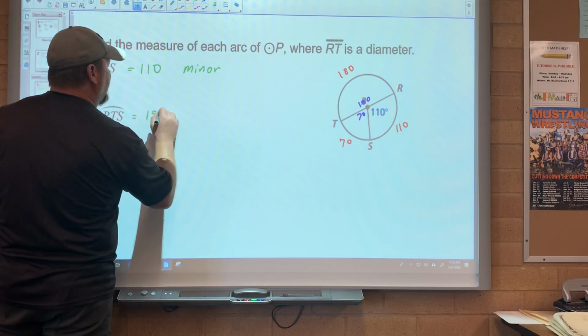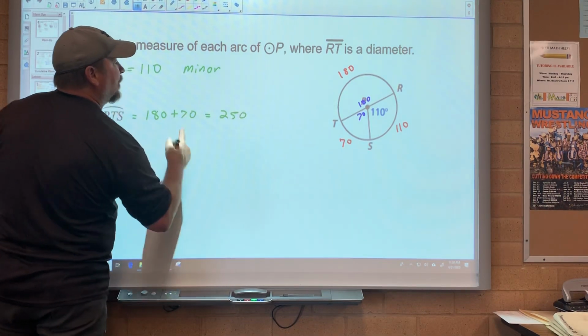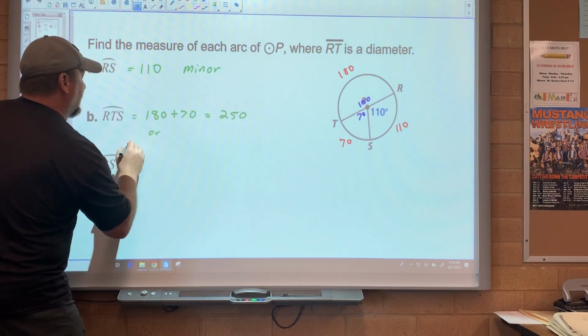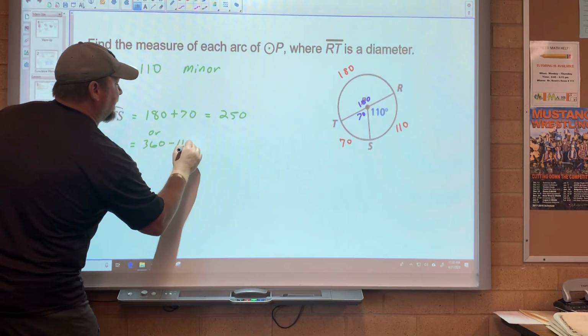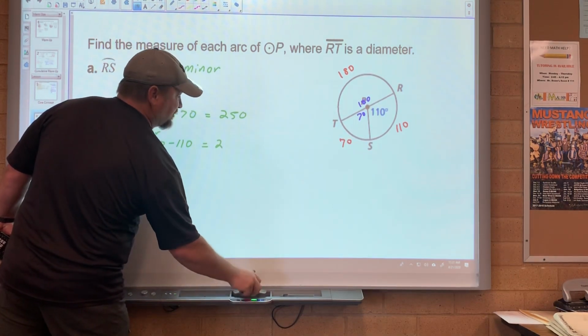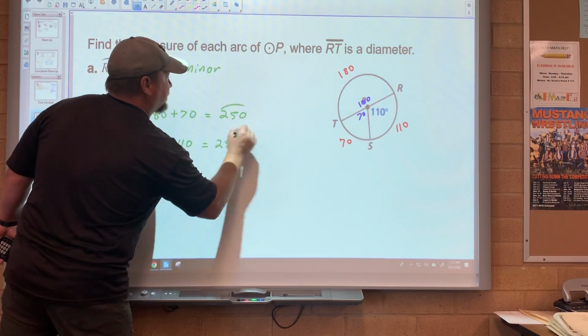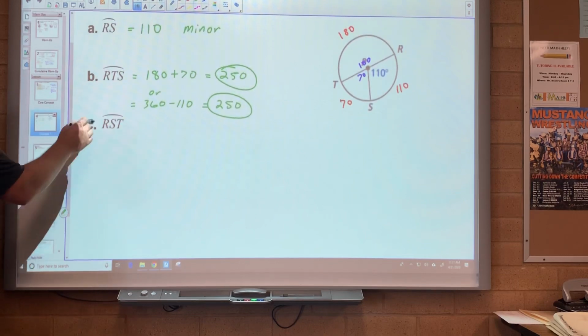I can go 180 plus 70 equals 250, or I can say 360 minus 110 equals 250. Either way gets you the correct answer. Is that clear to everybody? Either way works.